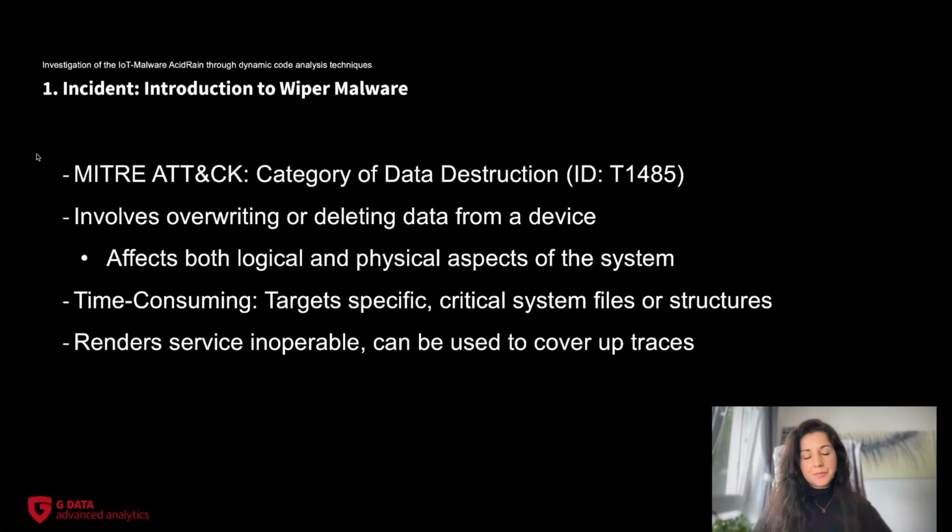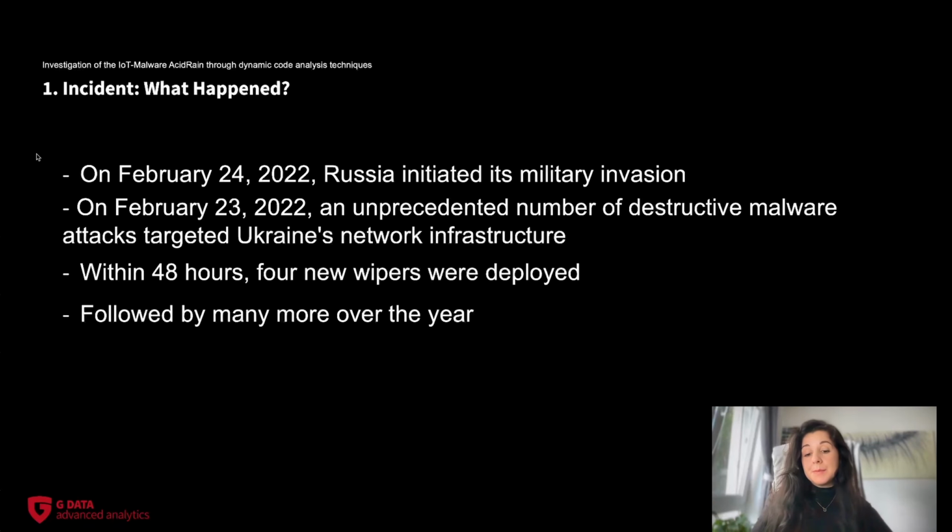What happened? We all know that Russia initiated its military invasion in early 2022, and one day before, on February 23, a high number of destructive malware attacked the Ukraine network infrastructure.